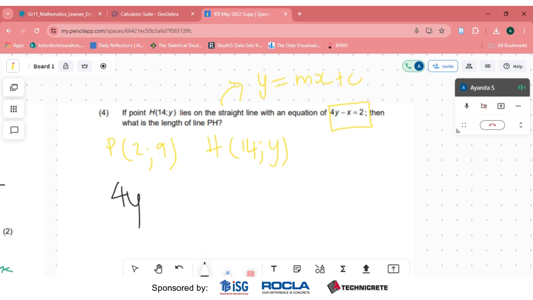So this would be 4y is equal to x plus 2, or 2 plus x, doesn't really matter.